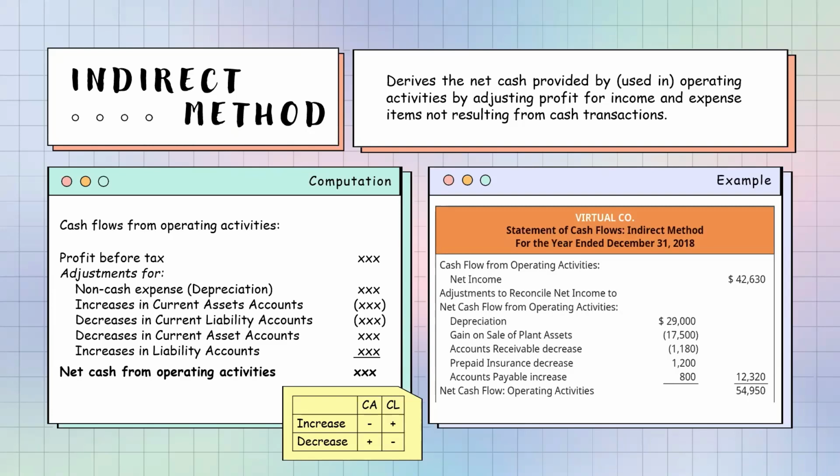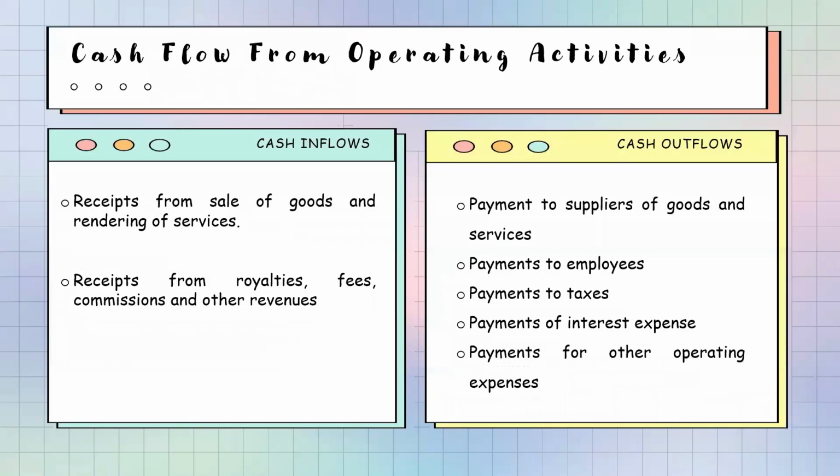So, PAS 7 encourages entities to use direct method for the cash flows from operating activities. But take note na hindi sinabi na it is required na yun yung gamitin. It is just encouraged. So, it is still okay and acceptable to use the indirect method.